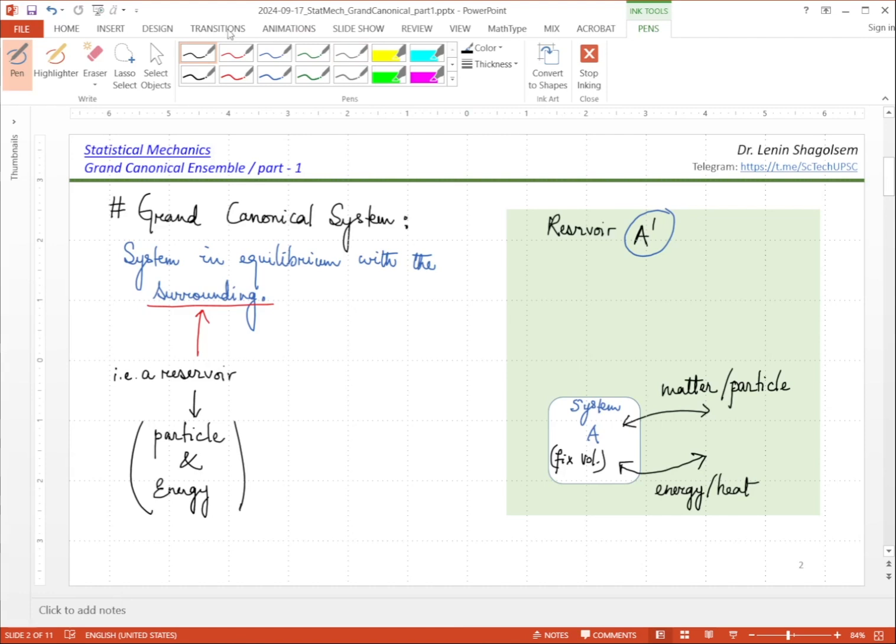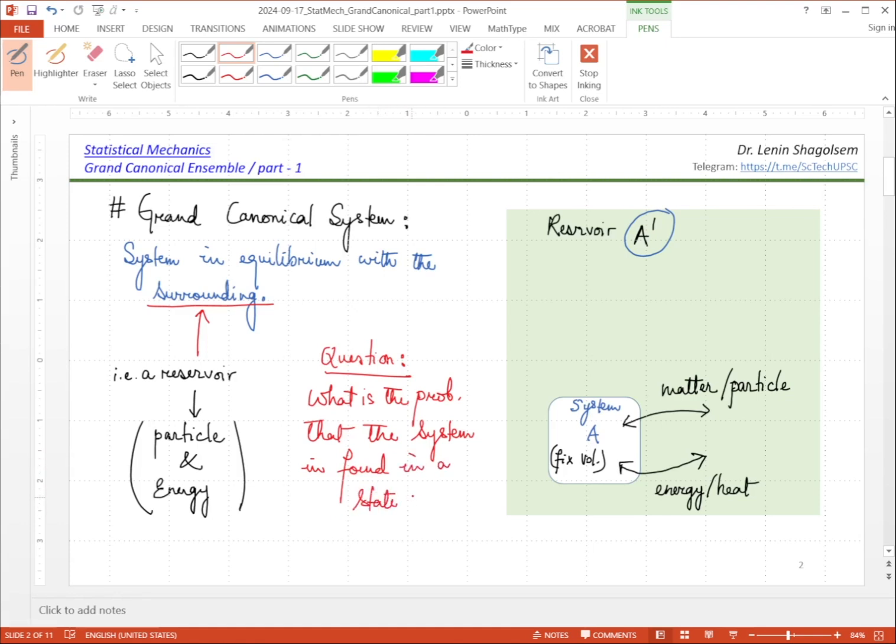So let me write it down. Our big question here, as usual, is: what is the probability that the system is found in a state denoted by R?